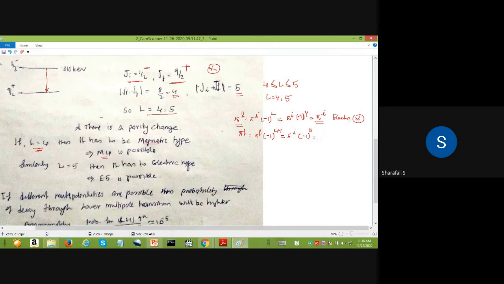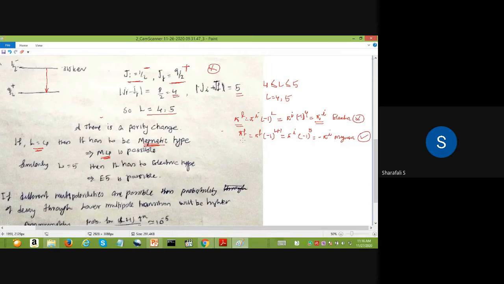So this will give you minus pi I. Okay, so there is a change in parity. So this holds. So magnetic, which will be okay. This is magnetic type because of L equal to 4. So this is an M4 type of transition.